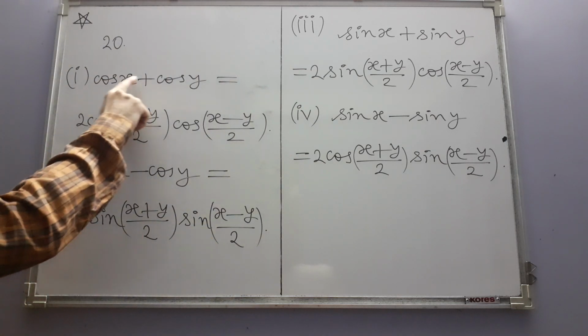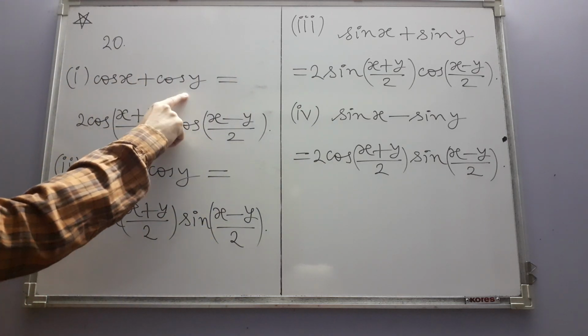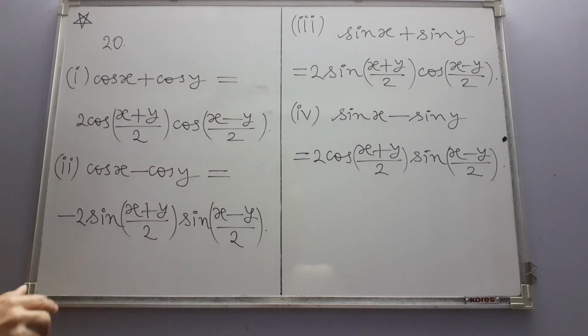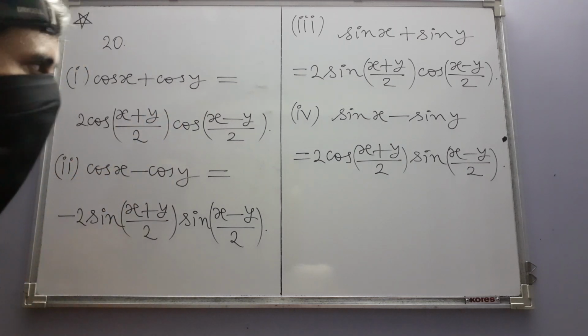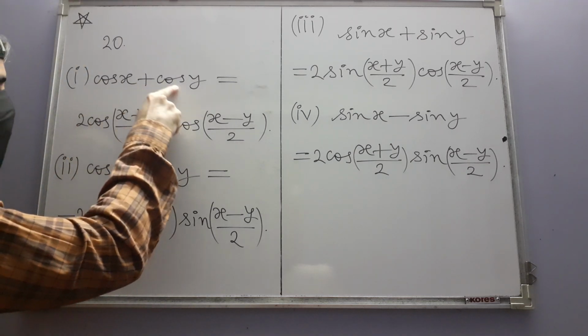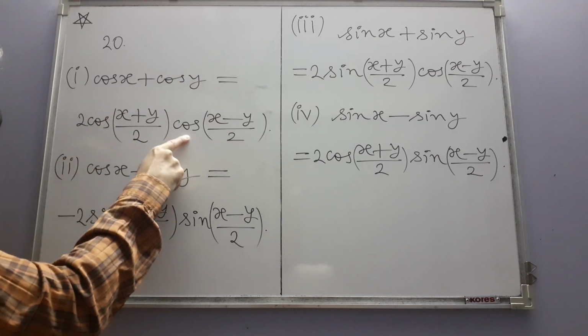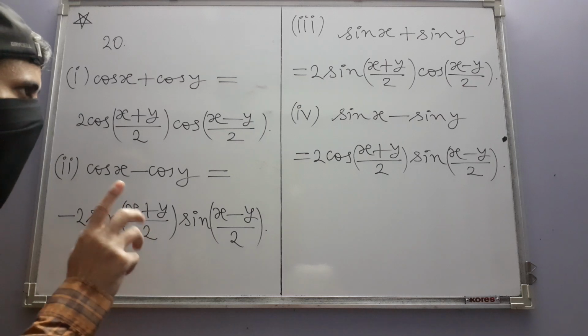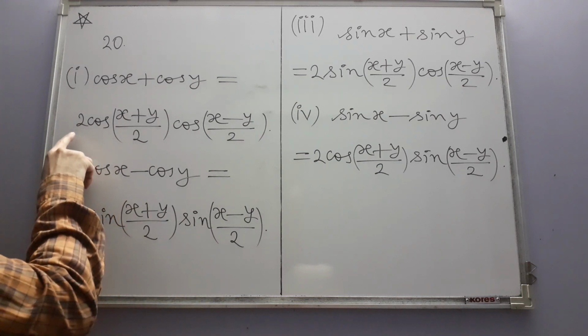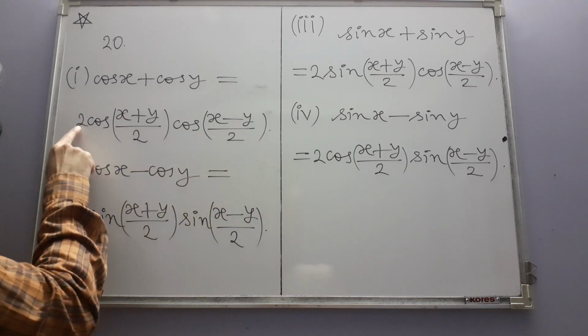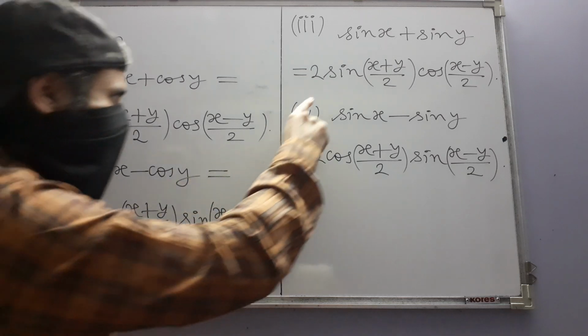If you have cos x plus cos y, then here also you have cos. And one more thing that you should not forget is that in all these formulas, this factor of 2 is always appearing.